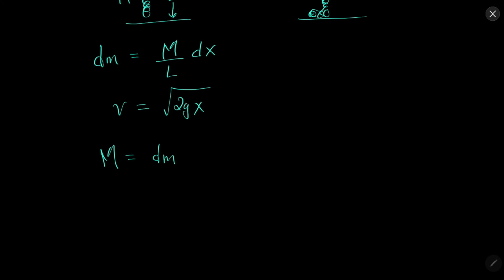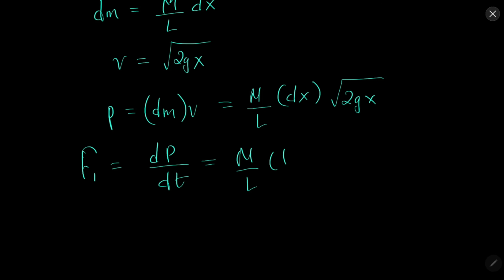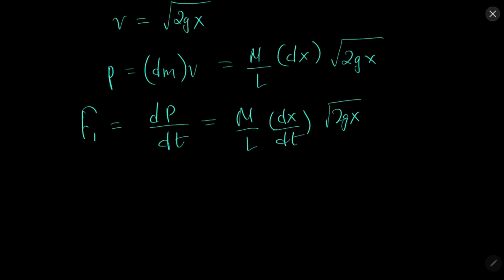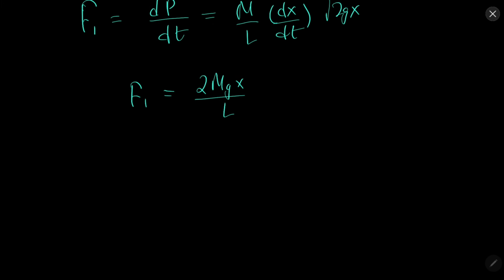So dm will be m over L dx, and momentum p is dm into v, m over L dx root 2gx. Force F1 is dp over dt, so m over L dx over dt root 2gx. So after simplification F1 will be 2mgx over L.